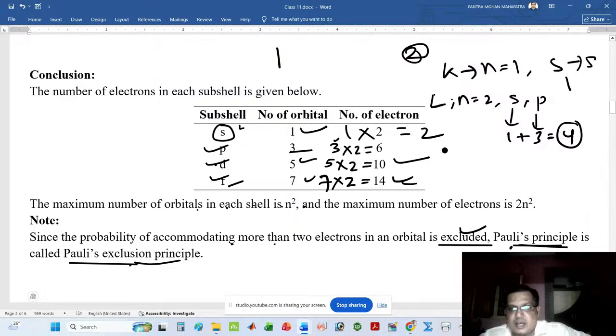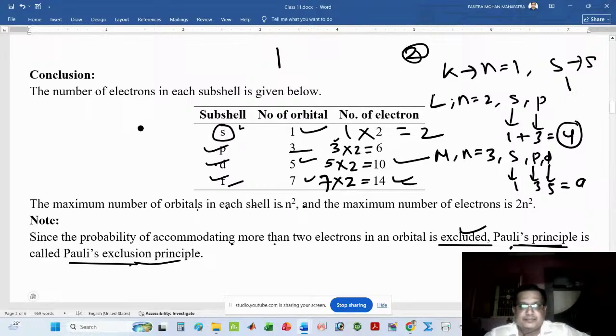Think about n equal to 3. It has subshells s, p, d. The d subshell has 5 orbitals. The total is 9. Let me explain. For the K shell, n is equal to 1, and the number of orbitals is also 1. That means I can write 1 square, that means n square.